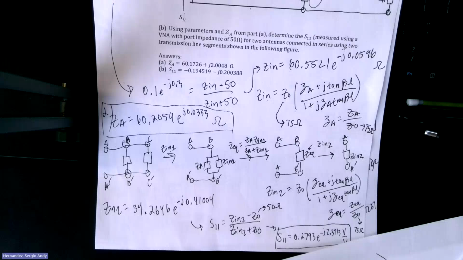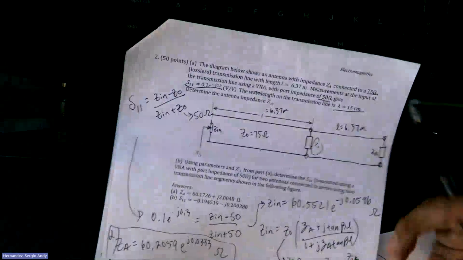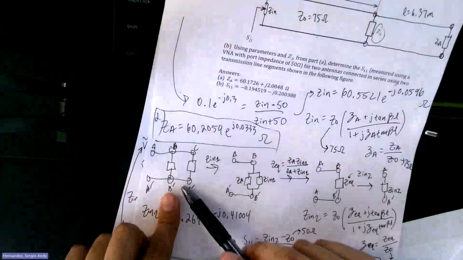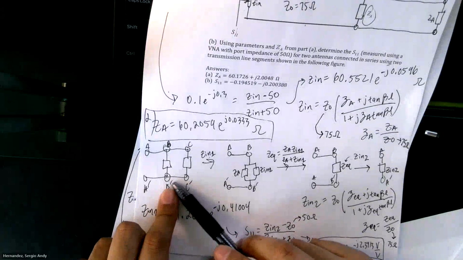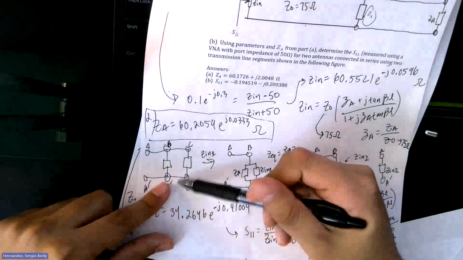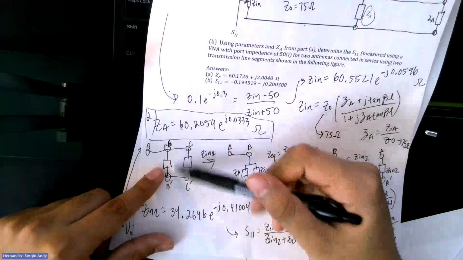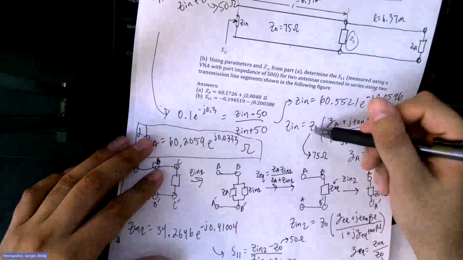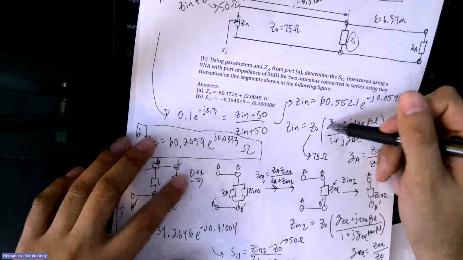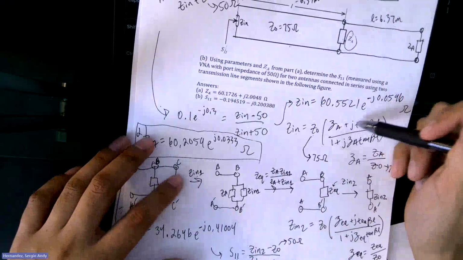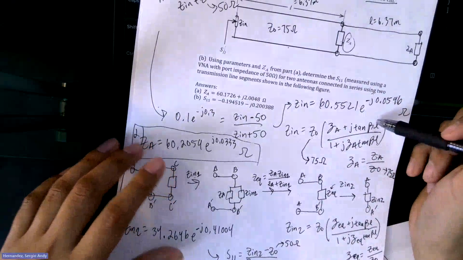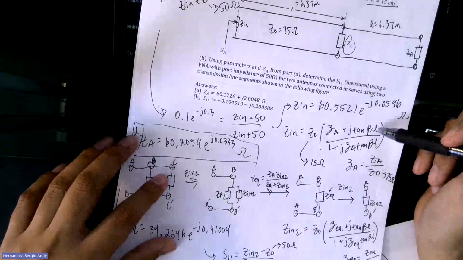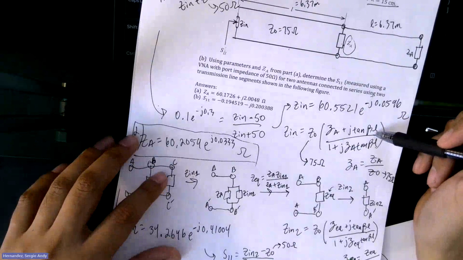But yeah, another thing I wanted to point out is that whenever you're going from a double load from here to here, you want to use everything with respect to what's going on here, right? So whenever you're using the Zn equation, Z0, ZA plus j tangent beta L, the only thing that's going to change is your length, right?